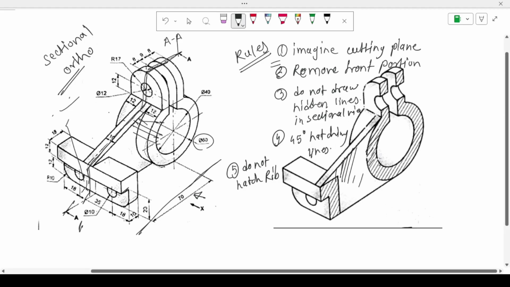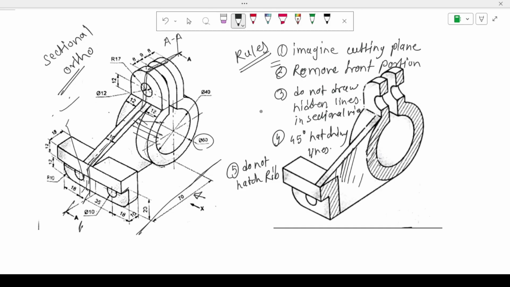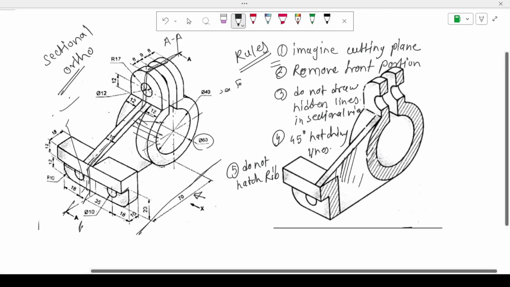Okay, the next rule, do not draw hidden lines in the sectional view. Means in this object we have to draw the sectional front view, then top view, side view.